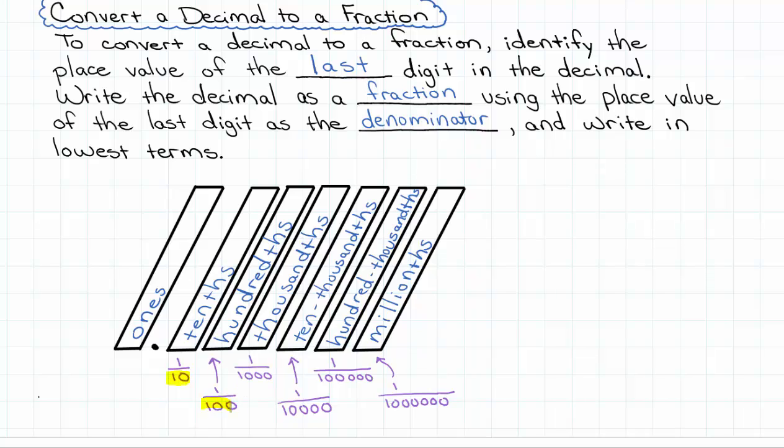All of these denominators represent powers of 10 because our number system is base 10. When you are reducing, it's helpful to know the prime factorizations of powers of 10.